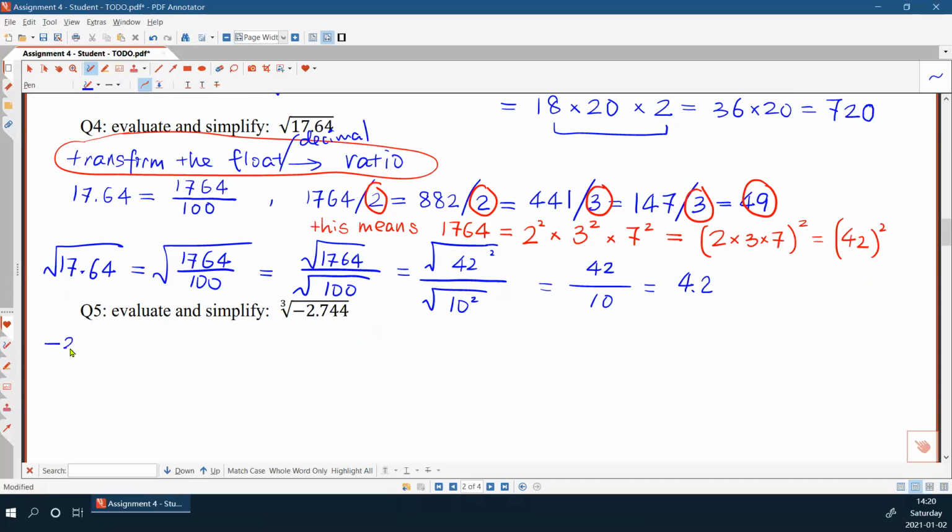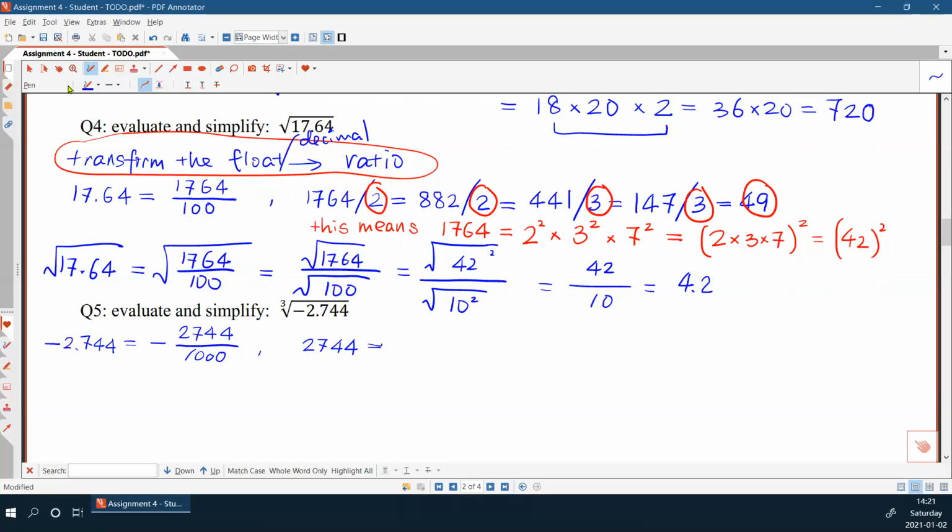Okay, it should be noted that minus 2.744 is minus 2744 over 1000, right? 1000 is 10 to 3 times, which can be canceled with this exponential. So here, the key is to check if 2744 is a cubic root of any number.